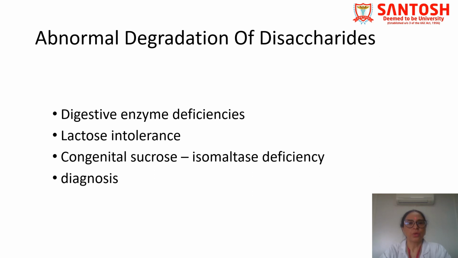So this is a clinical condition that develops, and the patient has to refrain from milk and milk products. Then comes congenital sucrase-isomaltase deficiency. So this is how carbohydrate chemistry, absorption and digestion of carbohydrates is managed in the body.